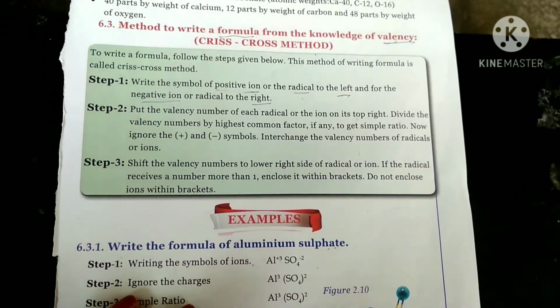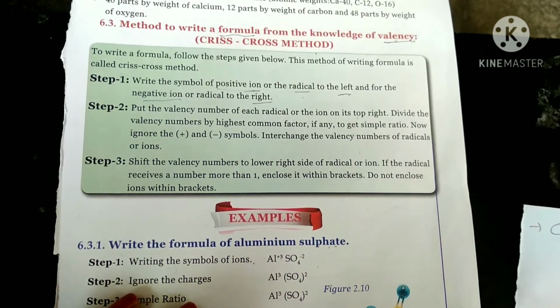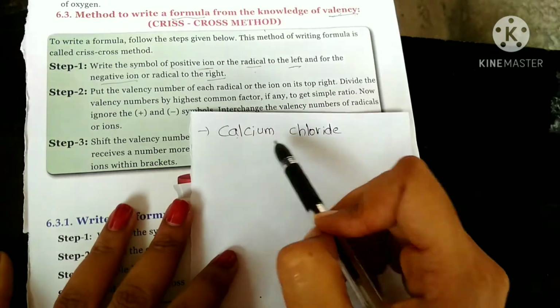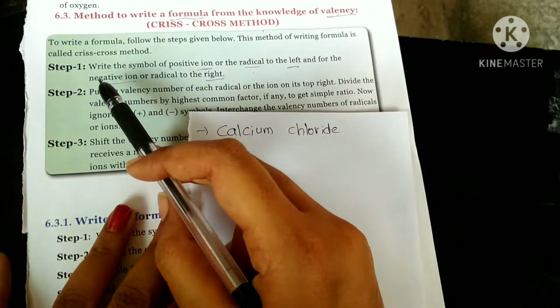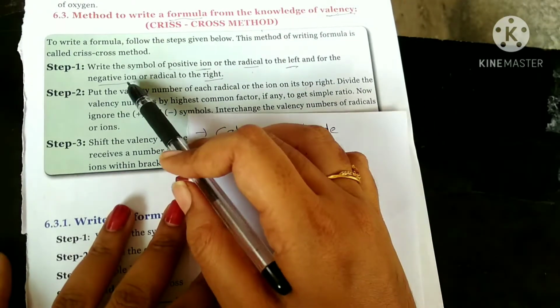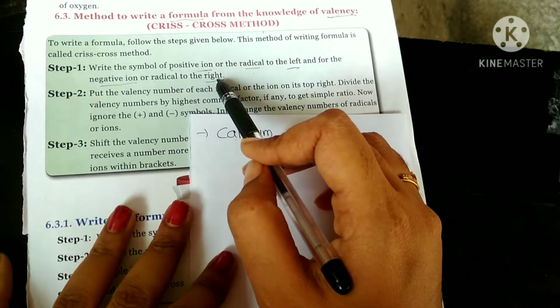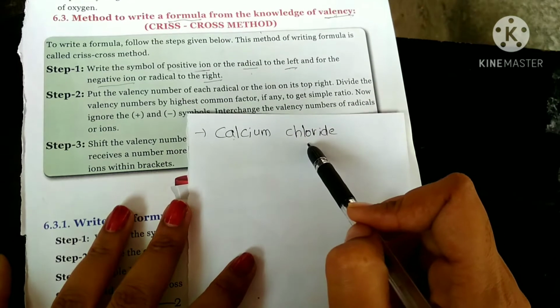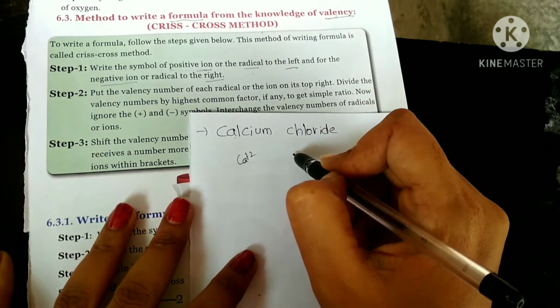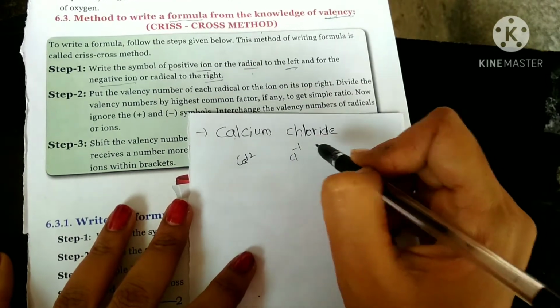Let me take one example for explaining all these steps in detail. First, for step 1, take the example of calcium chloride. We have to write the symbol of the positive ion on the left side and the negative ion symbol on the right side. Calcium has the charge of +2 and chlorine has the charge of -1.